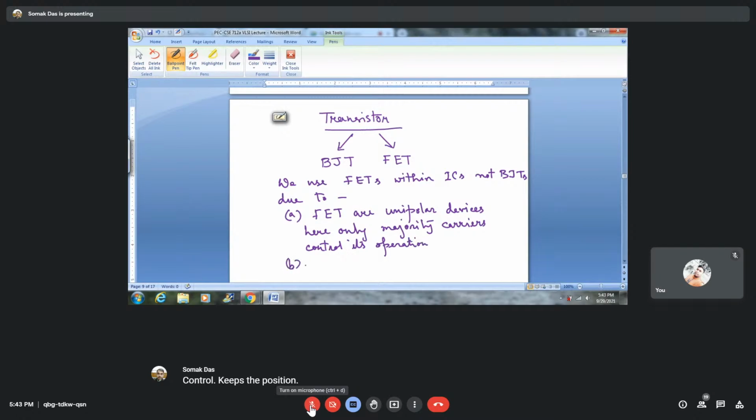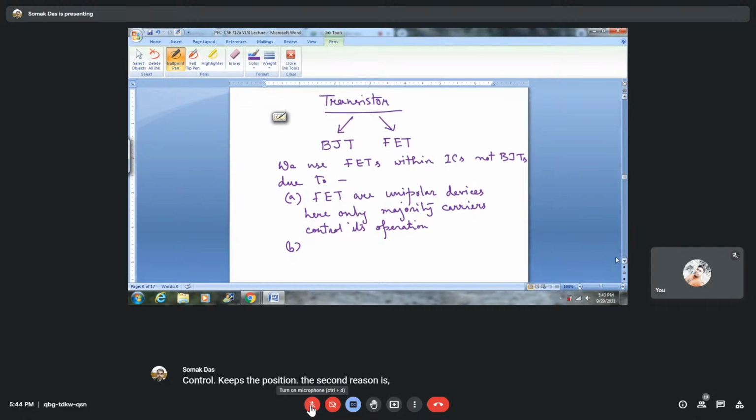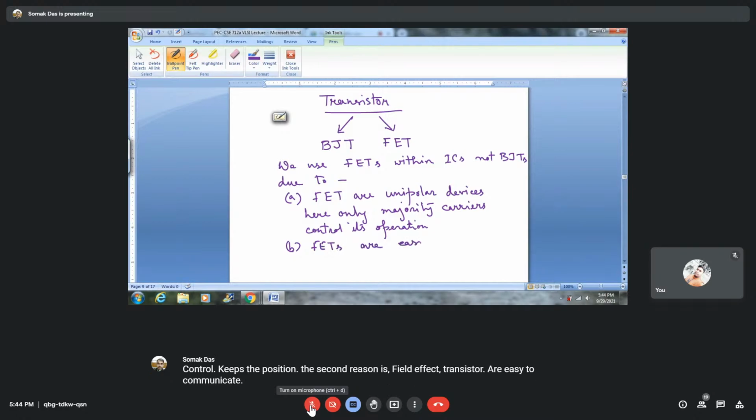The second reason is field effect transistors are easy to fabricate than BJTs or bipolar junction transistors.